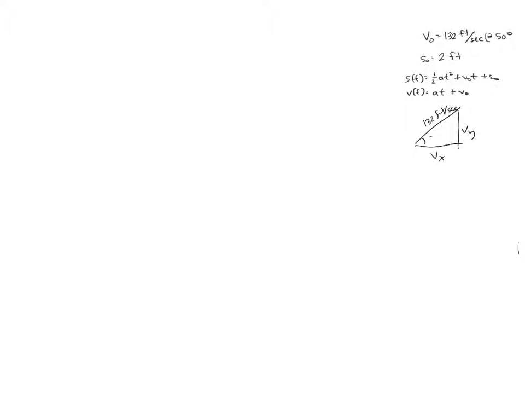So my angle was 50 degrees. My initial velocity goes on that hypotenuse, and you use trig ratios, cosine to find the v sub x, and sine to find the v sub y.